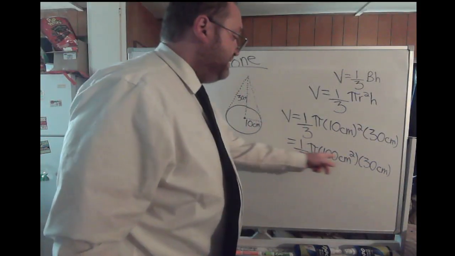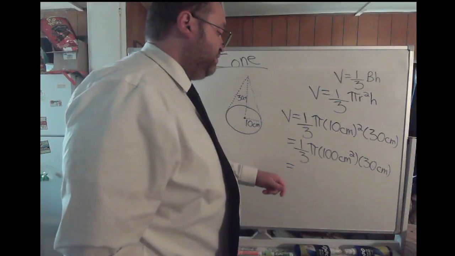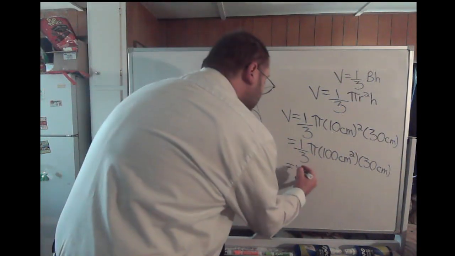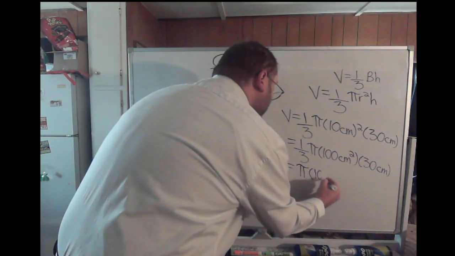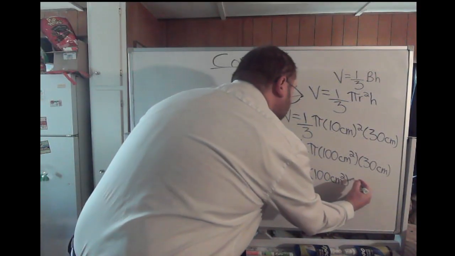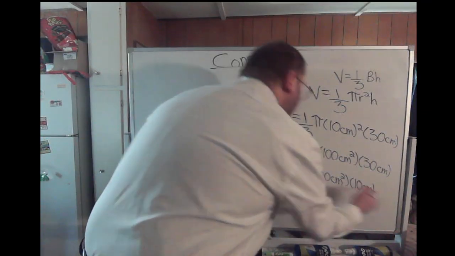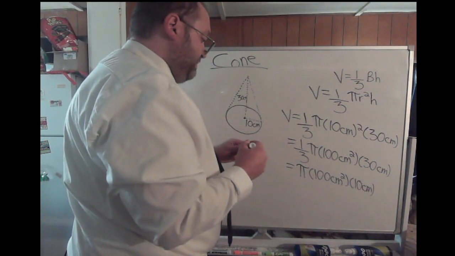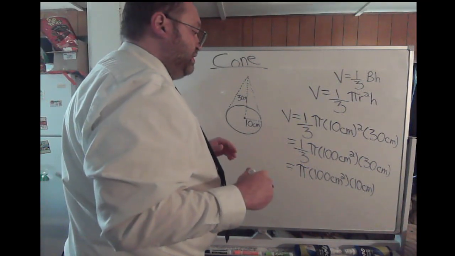Since I've done the exponents, I can multiply them in any order. I'm going to take 1/3 of 30. That would give me 10. So I'd be reduced to pi times 100 centimeters squared times 10 centimeters, because that 30 and 3 cancel out, giving you 10 centimeters. The 1/3's gone.